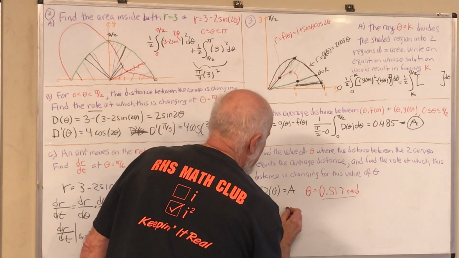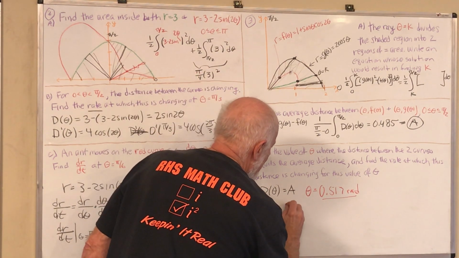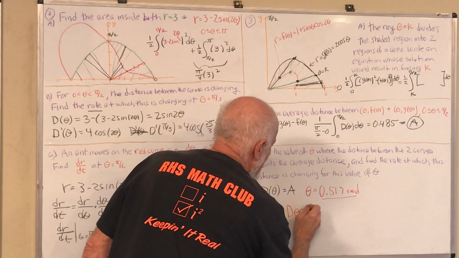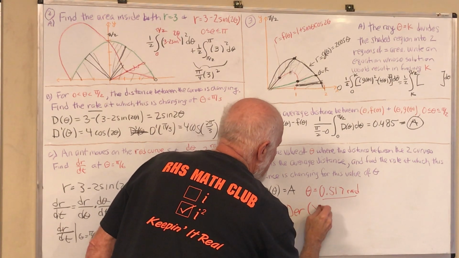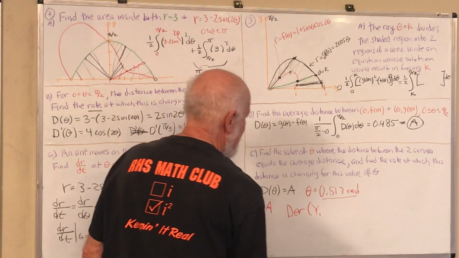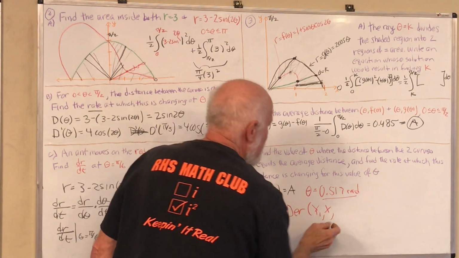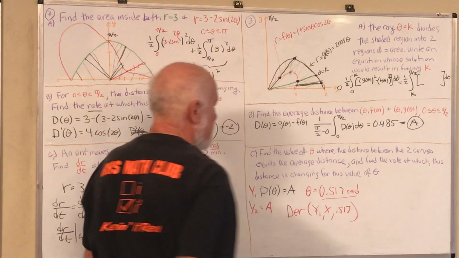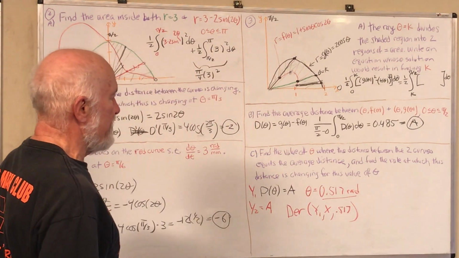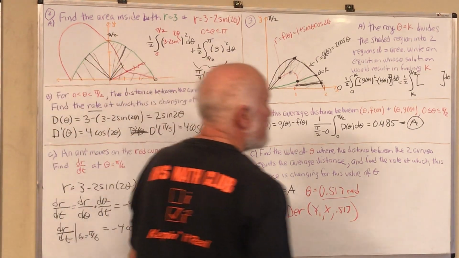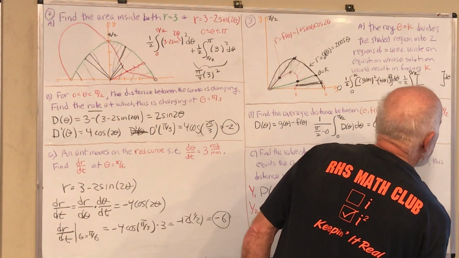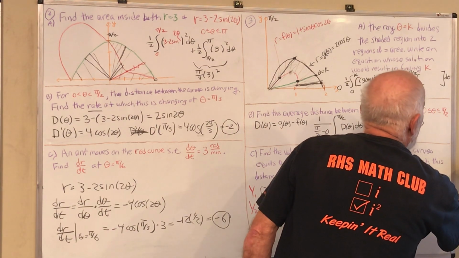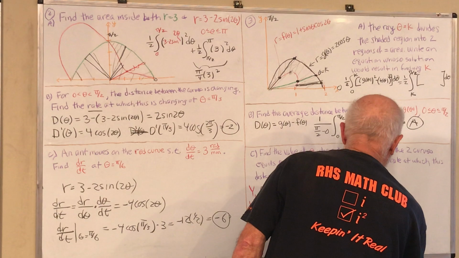So I can say derivative of y1, and you do it at 0.517 radians. And it turns out to be negative 0.581.